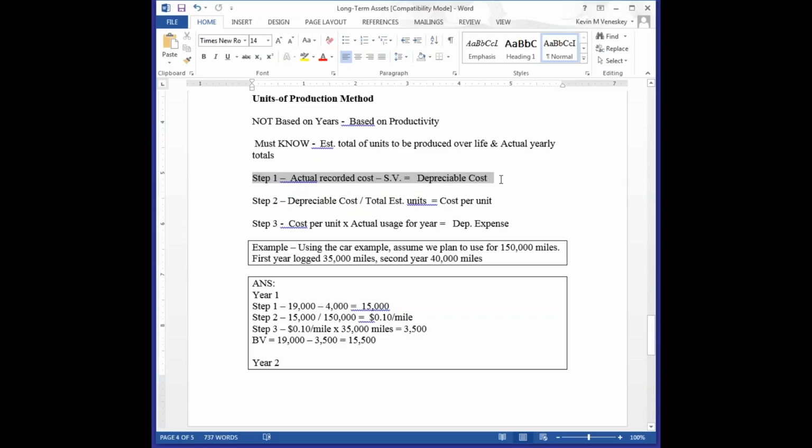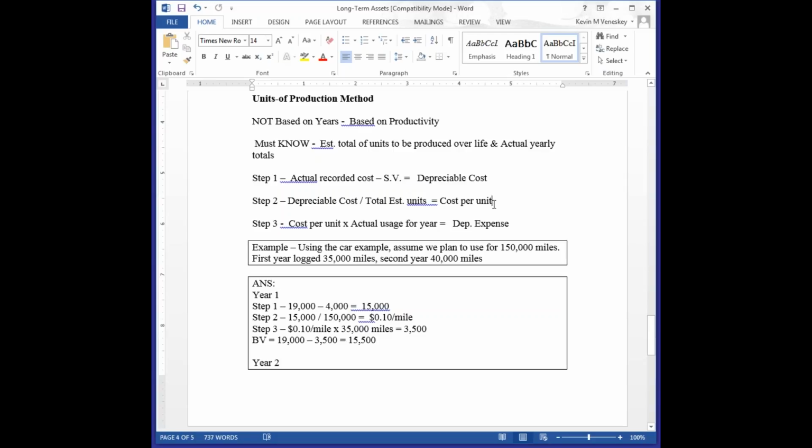Step 1 here was exactly the same as straight line. Notice I'm getting my depreciable cost. Step 1 on both methods is exactly the same. Step 2 is just then, how much am I going to depreciate every time I make one item or drive 1 mile? So 10,000 divided by 100,000. That tells me it's 10 cents per mile.